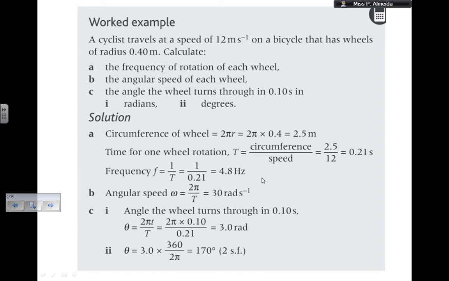That's going to give you 3 radians. And then in degrees, you can just say that 3 radians is equal to 3 times 360, the number of degrees that you have, over 2 pi radians, and that's going to give you, just two significant figures, 170 degrees, okay?